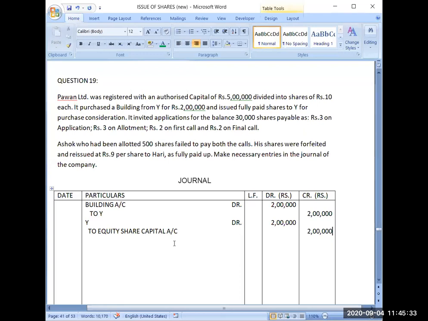Now next question is, what is the authorized capital of the company? Yes, 5 lakh. So for how many shares are they authorized?